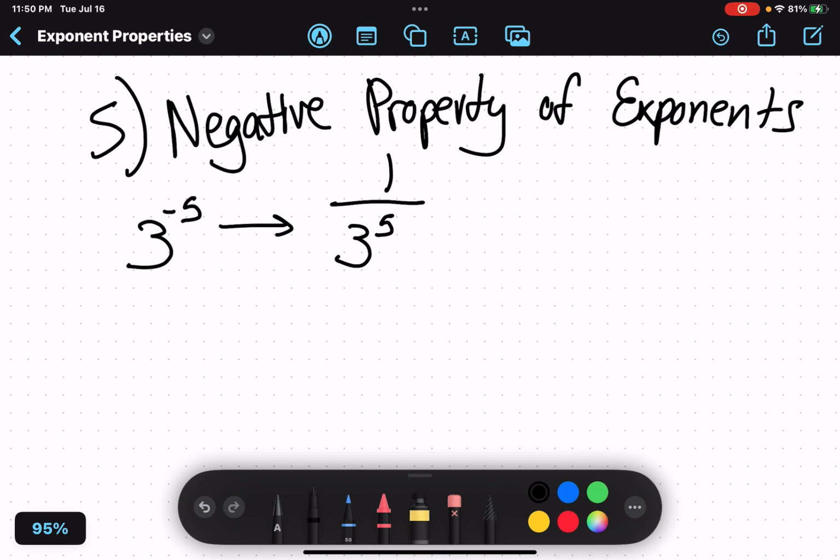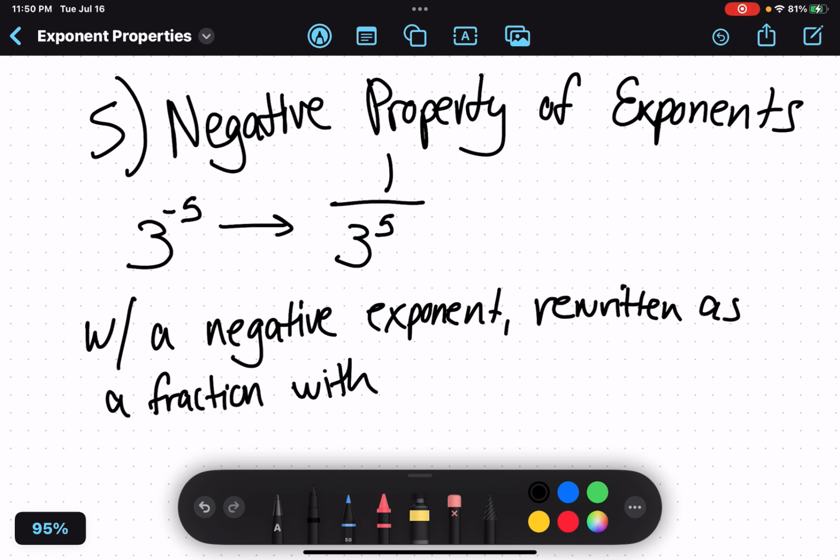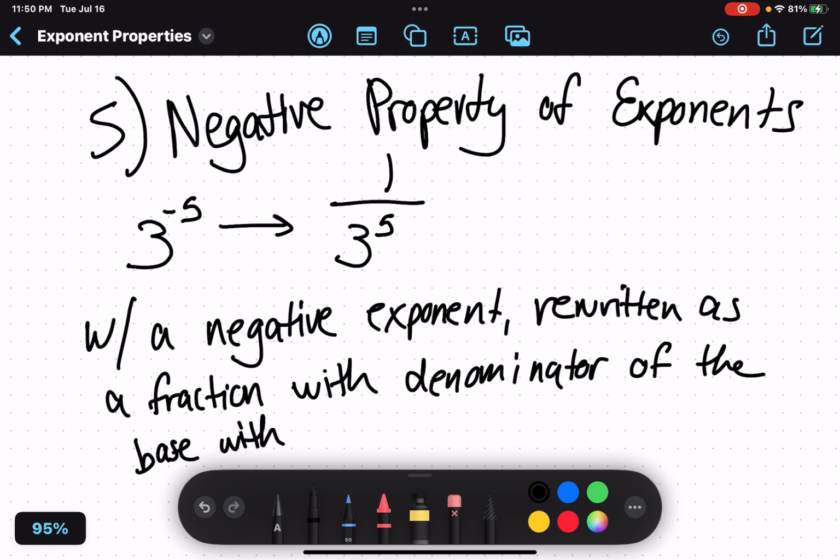So when you have a negative exponent, it could be rewritten as a fraction with a denominator of the base with the positive exponent, and that is under 1.